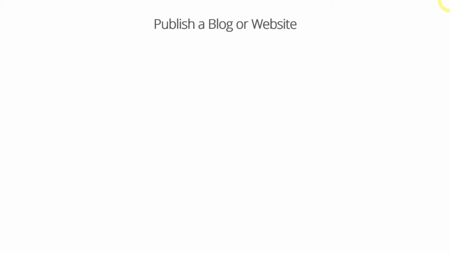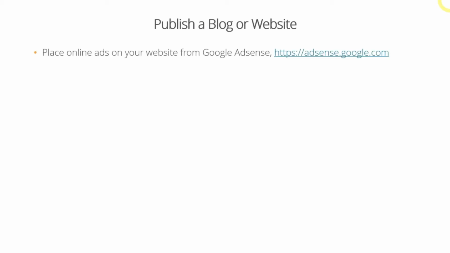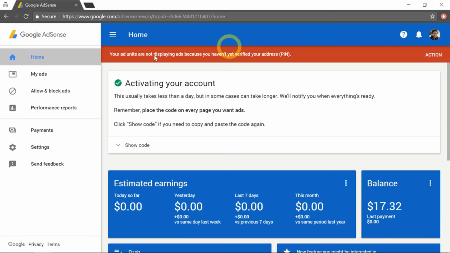Now let's look at the business model for running a blog or website. Essentially, you make money from online advertisement, from an online advertisement network provider like Google AdSense.